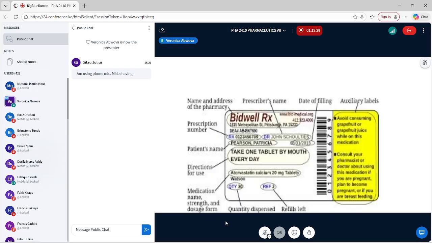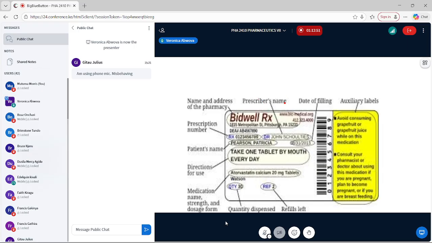Now, we've talked about auxiliary labels. Those are the additional information that you add on the prescription to enhance safety of use of the drug. We'll be looking at that. So as we've said, your prescription should have the name and address of the pharmacy, like here we have Bidwell.